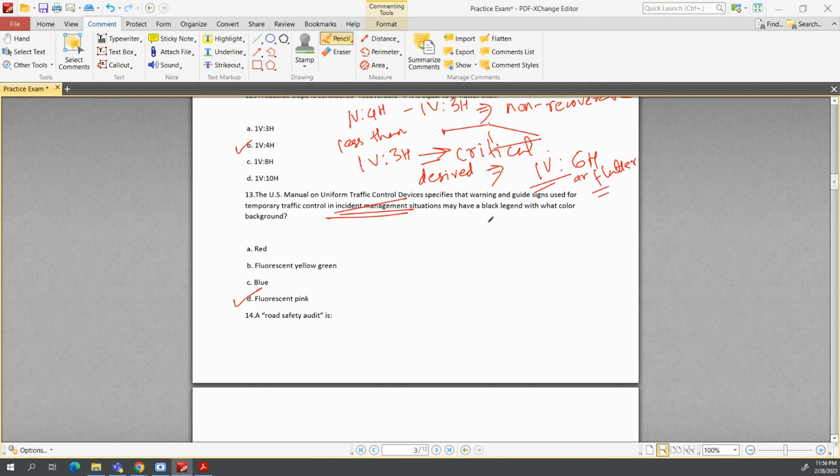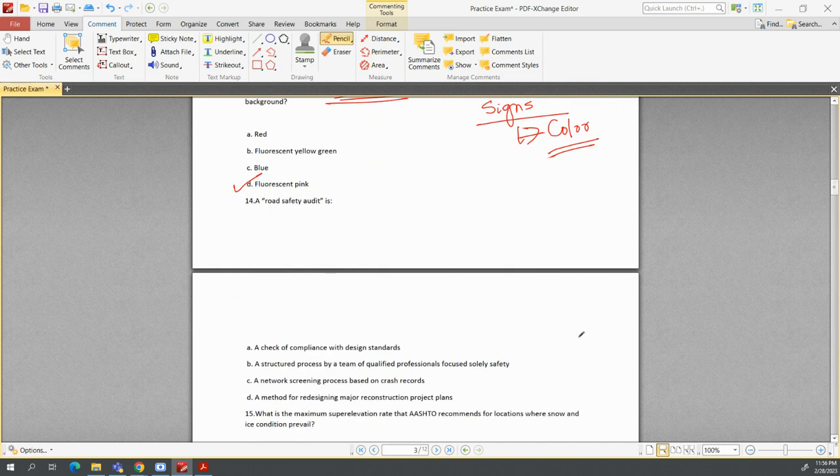The color of the signs is very important for the PTOE exam. It's not just incident management. You also have regulatory and warning signs, guide signs, basically anything can come from colors. So it's very important, and it's a good idea to memorize the colors for signs.